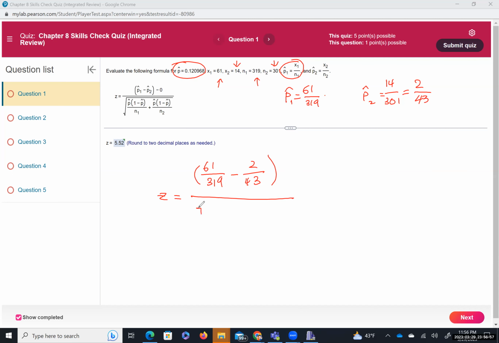And the bottom is going to be the square root of p hat, 0.120968, and then multiply that by 1 minus the p hat, which is 0.120968. Let me make it bigger. Right.